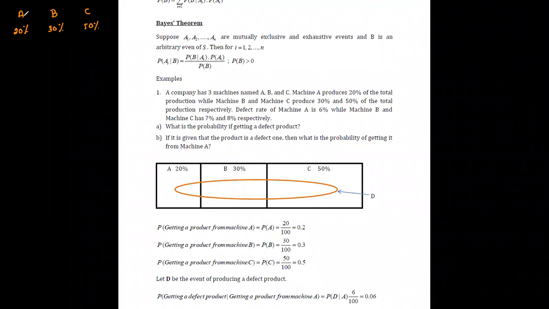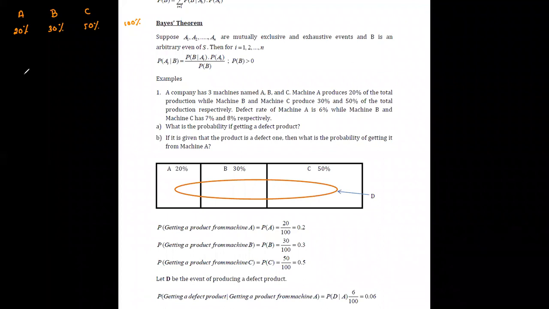The next thing is we can consider these as exhaustive events. It is because the addition of these 3 values gives us the total production. It means there cannot be any other machines contributing to this total production.